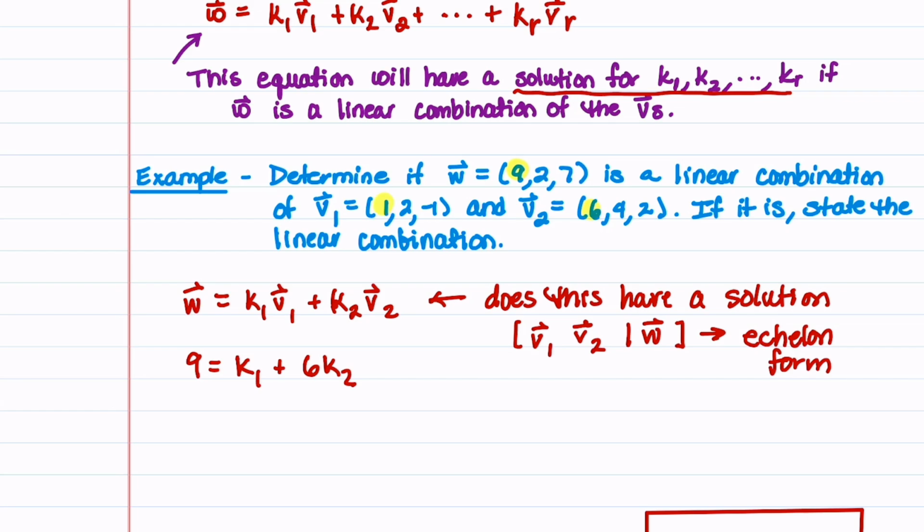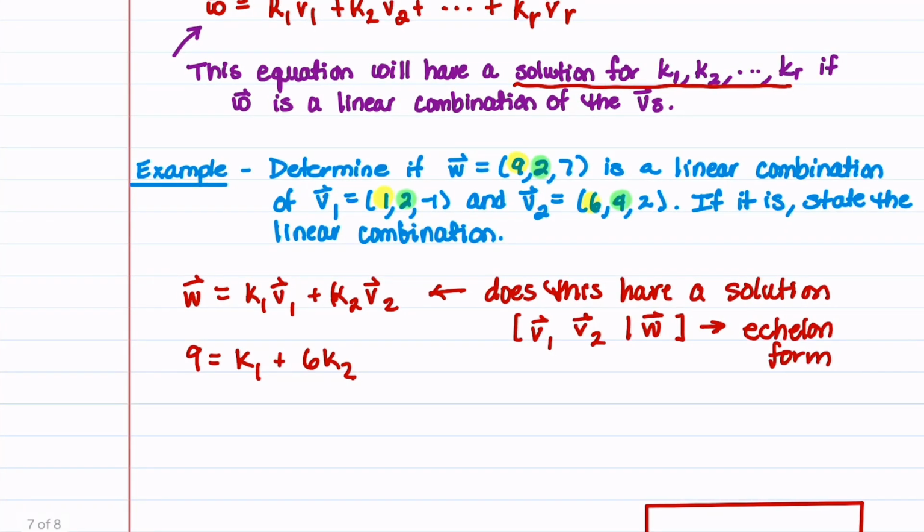Then the next one, we take the 2 and the 4, and that gives us 2 is equal to 2k1 plus 4k2. Next, we take the blue numbers, and that gives us 7 is equal to minus k1 plus 2k2.